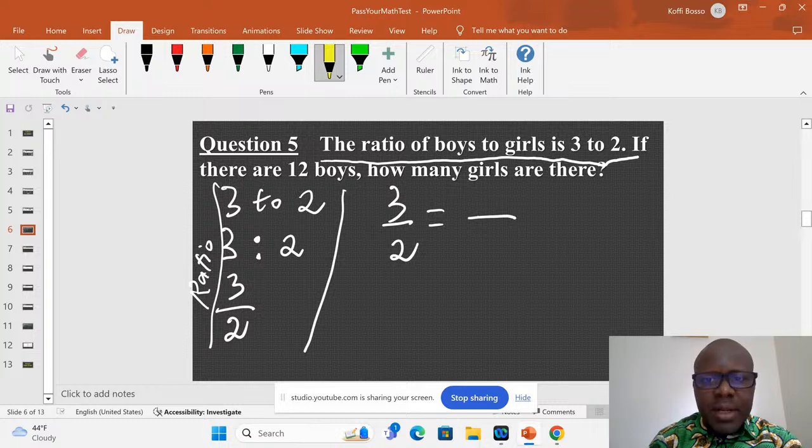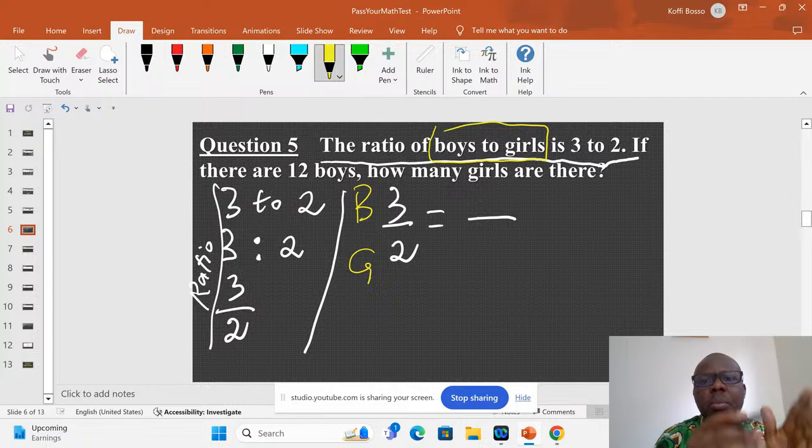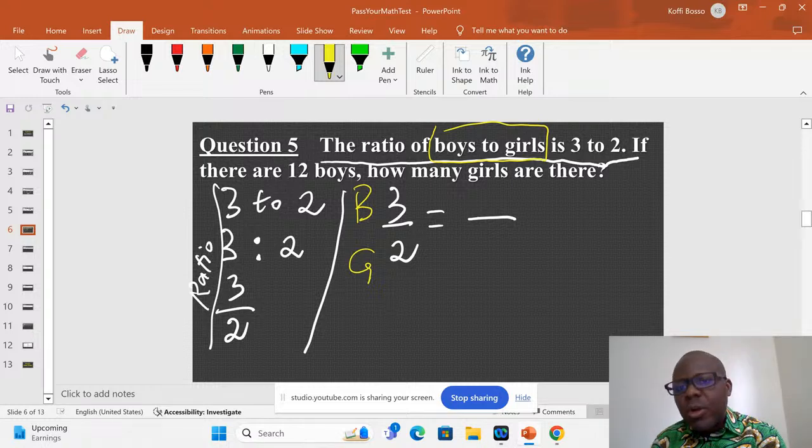The top 3 is for boys, and the bottom 2 for girls. Please, you have to follow this order. It's very important because they say the ratio of boys to girls is 3 to 2. In case they say girls to boys, that will be something different. So you have to follow the order, boys to girls. The 3 is for boys, the 2 is for girls.